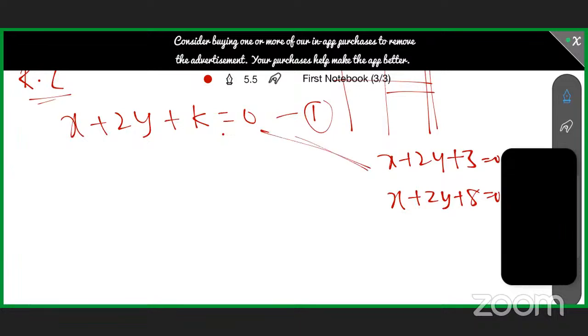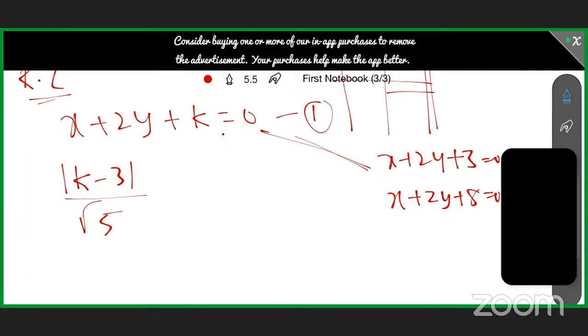What is the distance formula when two parallel lines are there? Just now we discussed: the distance between parallel lines is modulus of C1 minus C2 divided by root of A square plus B square. Correct? So C1 is k here, C2 is 3: mod of k minus 3 divided by root of 1 plus 4, which is root 5.